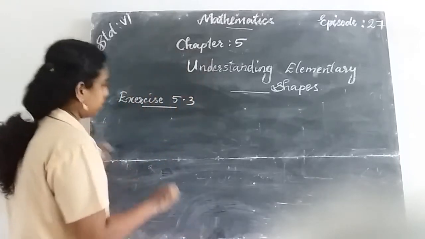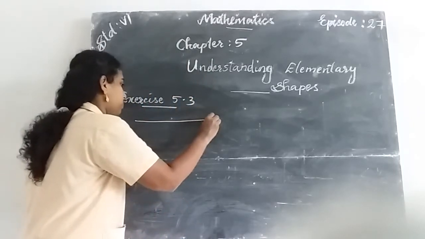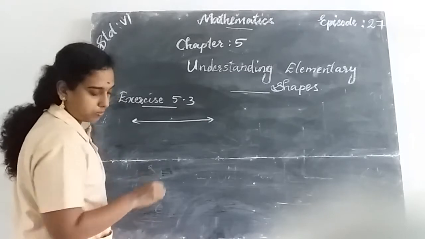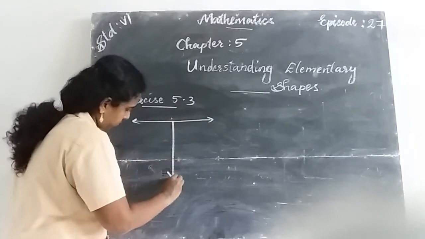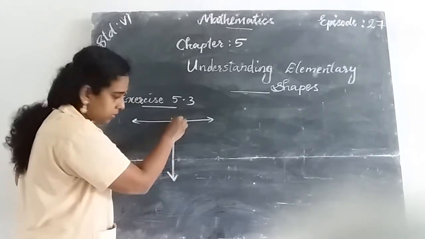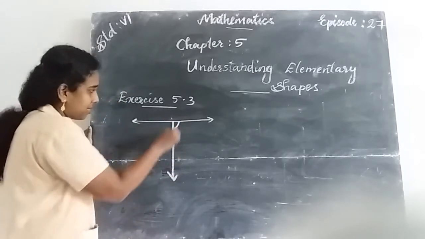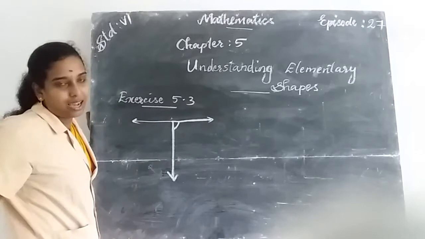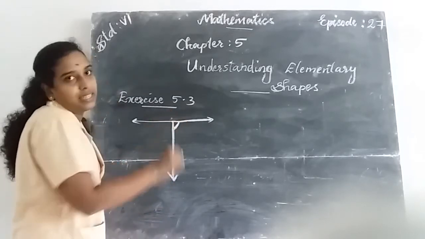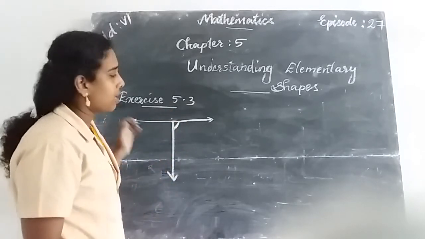Then in the third figure, find this angle. Here we can see that this is a right angle, which means it measures 90 degrees. So it is a right angle.